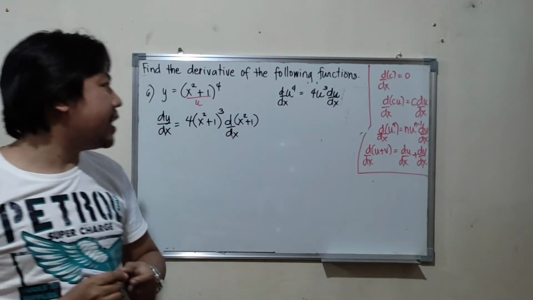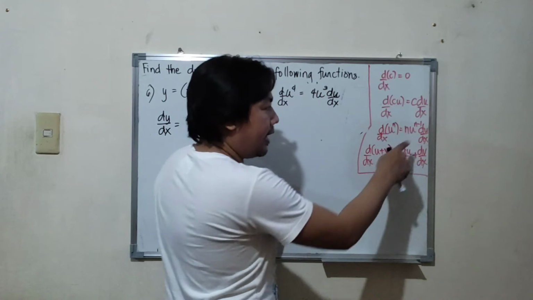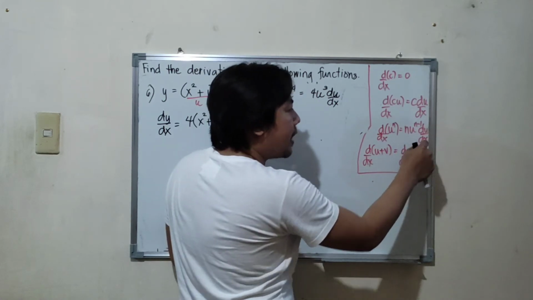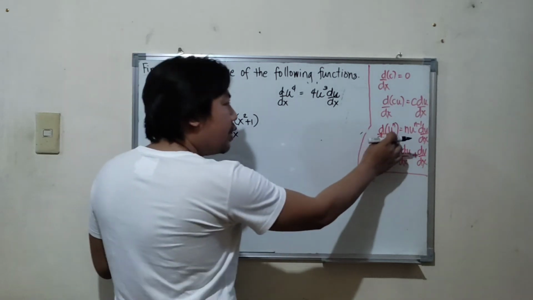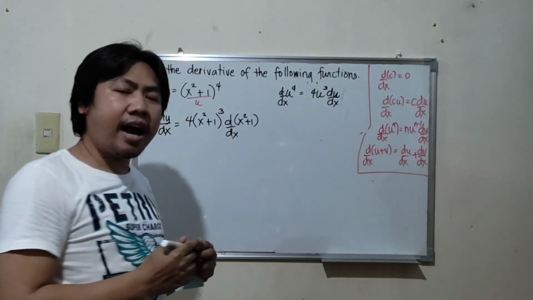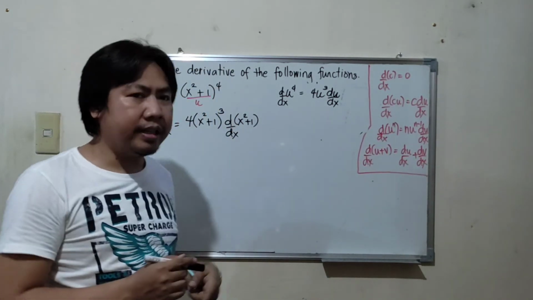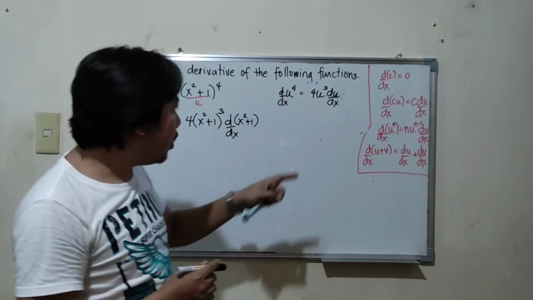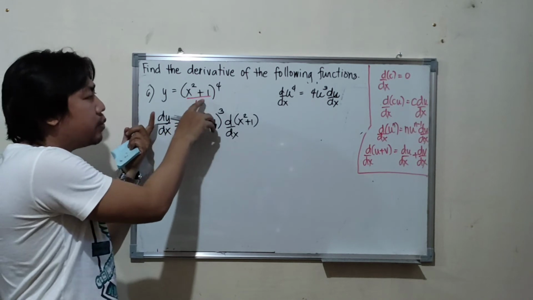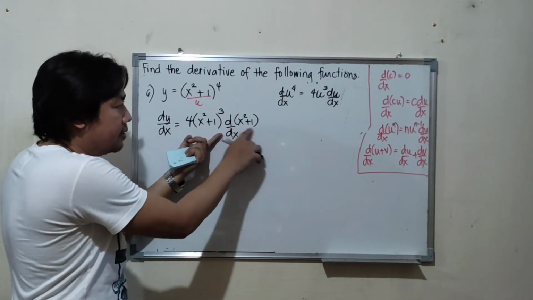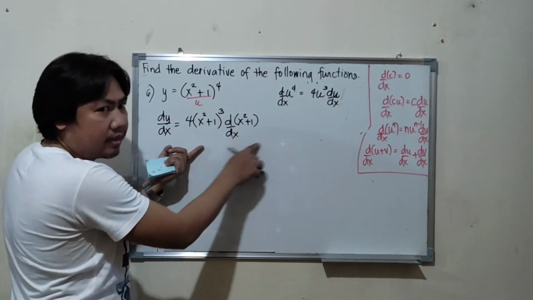Okay? So, kaya importante, huwag nyo kakalimutan palagi itong derivative of u with respect to x. Hindi lang natin sinusulat kapag ang u natin ay x lang, dahil nakakancel yun, nagiging dx over dx, so that is 1. Pero kapag ang function natin ay hindi na x, halimbawa nito, x squared plus 1, laging isusulat ito. Minsan kasi nakakalimutan itong part na to.